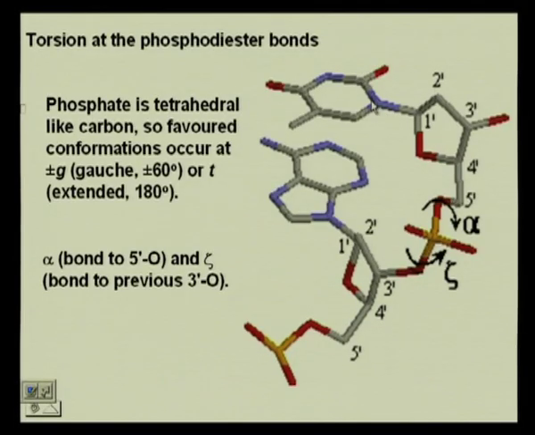This is the nitrogen of the base. This is the other sugar. And what do we have here? We have this again. This is the 5 prime that is linked to the phosphate. This is the phosphate. Okay?